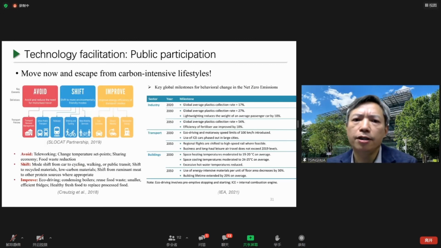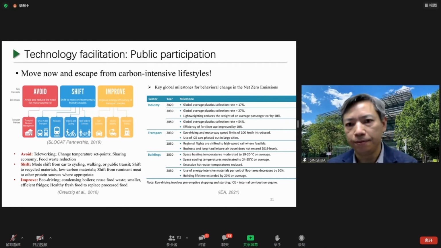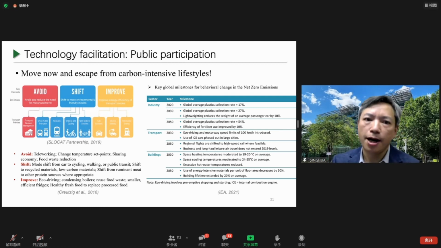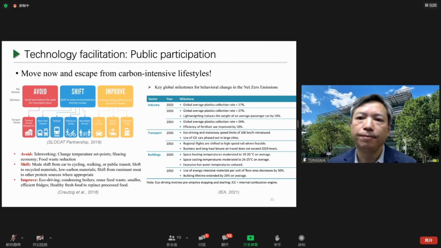Then, how can we contribute to technology facilitation from behavior change? The answer is to move away and escape from carbon-intensive lifestyles. More specifically, we need to avoid unnecessary carbon consumption and reduce waste by behavior change.